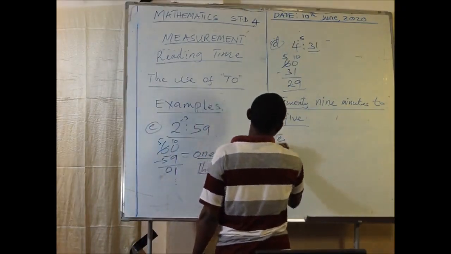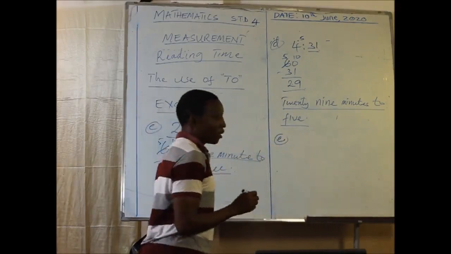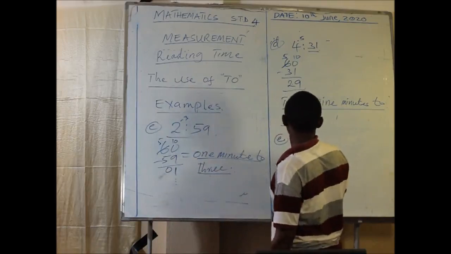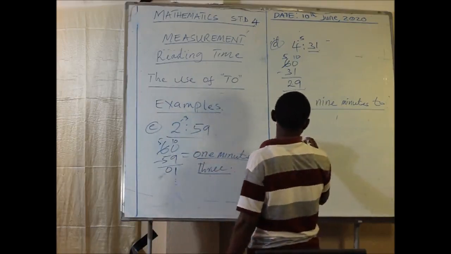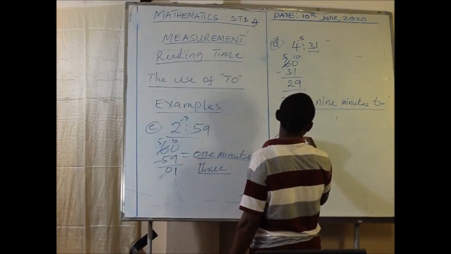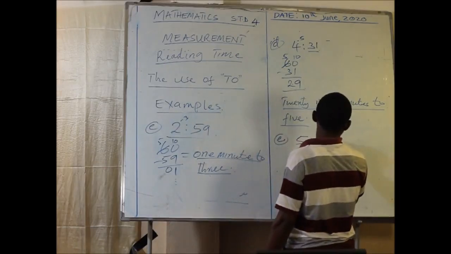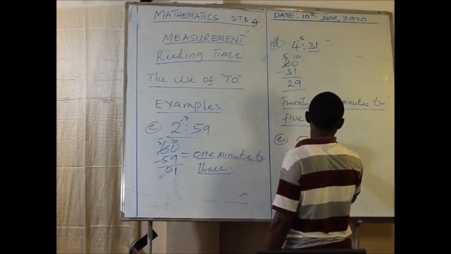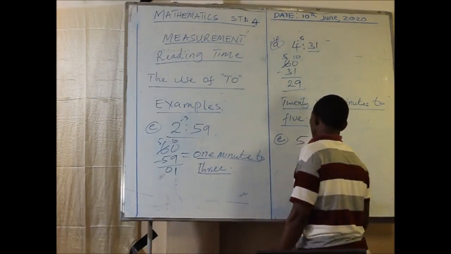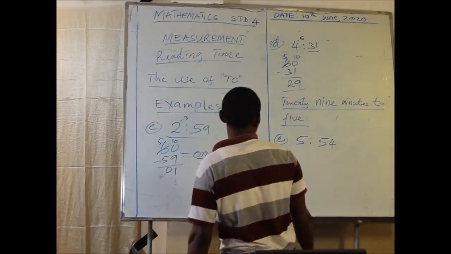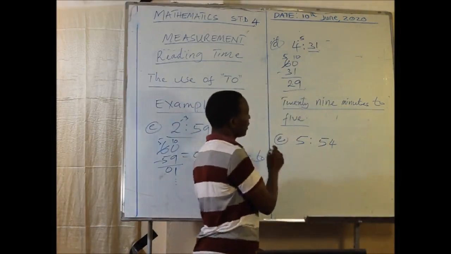We come to another example, which is E. Let's say you are given 5.54. Let us see how you can tell this time.